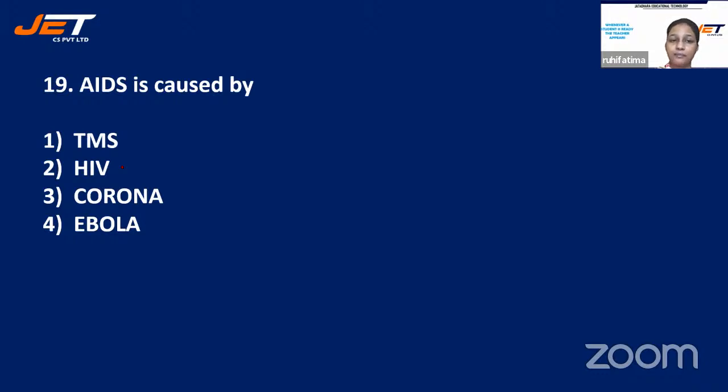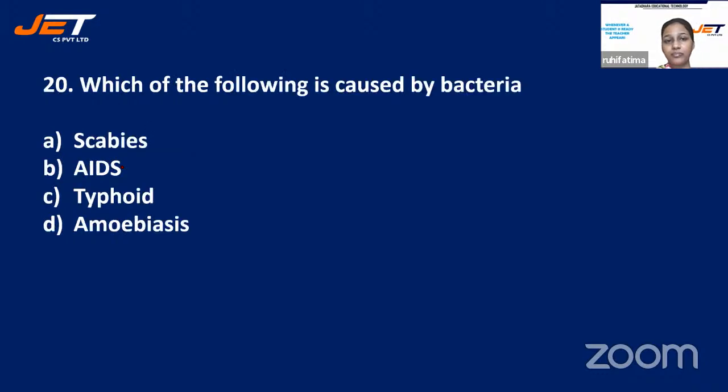Okay, your time is up and the correct answer is HIV. Which of the following is caused by bacteria, students? Your options are scabies, AIDS, typhoid, or amoebiasis. Answer this question very quickly in the chat box, students.